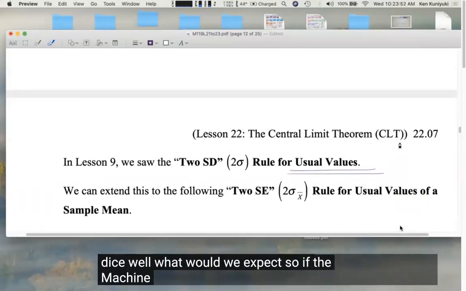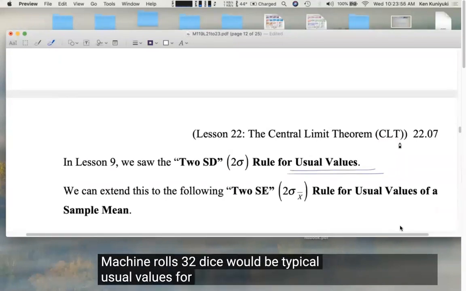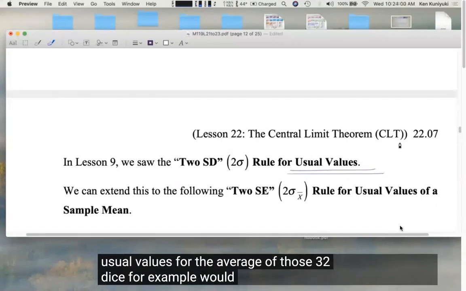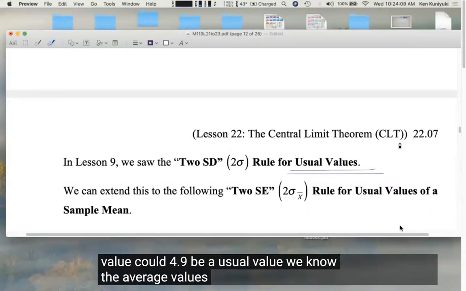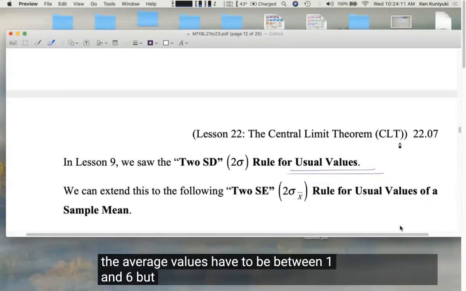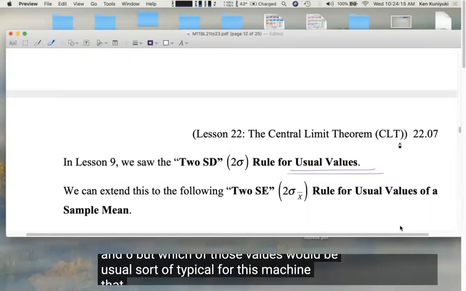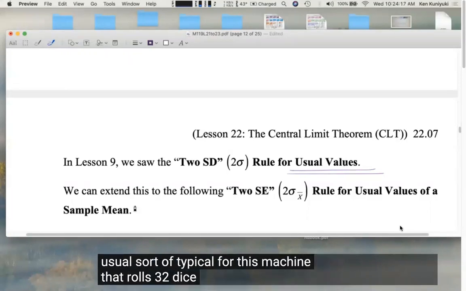So if the machine rolls 32 dice, what would be typical usual values for the average of those 32 dice? For example, would 1.3 be a usual value? Could 4.9 be a usual value? We know the average values have to be between 1 and 6, but which of those values would be usual? Sort of typical for this machine that rolls 32 dice.